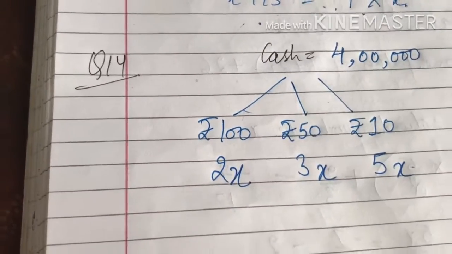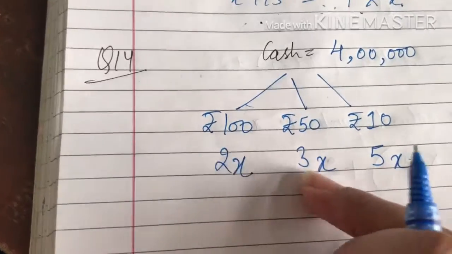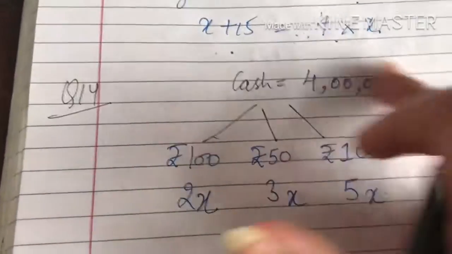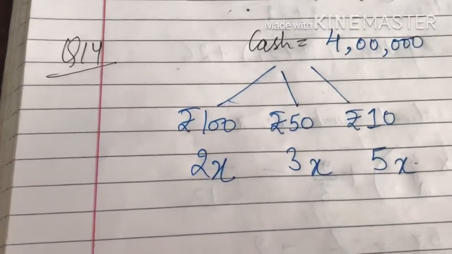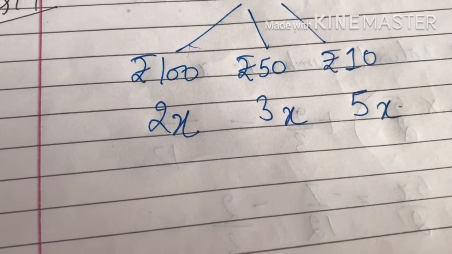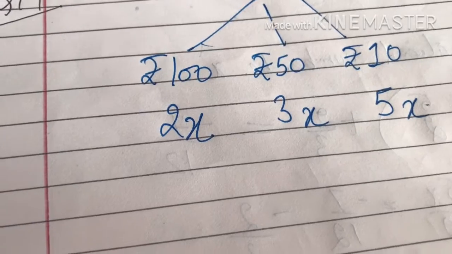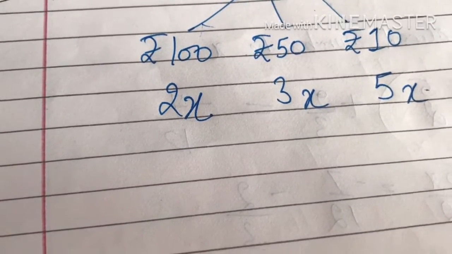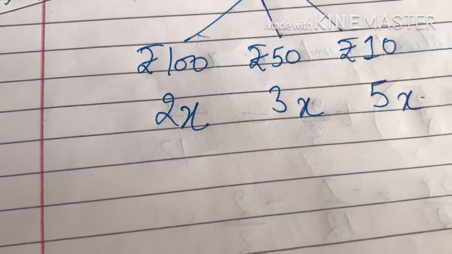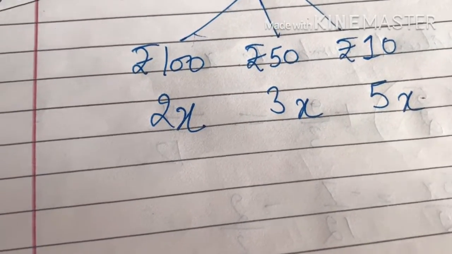Okay, now they are asking how many notes of each denomination she has. The total cash is 4 lakh rupees. So suppose you have 5 currency notes of denomination 50, what is the total amount you have? 5 into 50, that is 250 rupees, right?